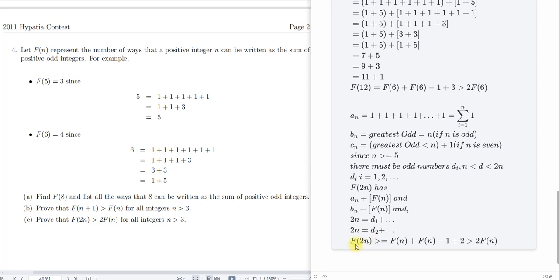So at least we can get f(2n) is greater than f(n) plus f(n) minus 1 plus 2, which is greater than 2f(n).